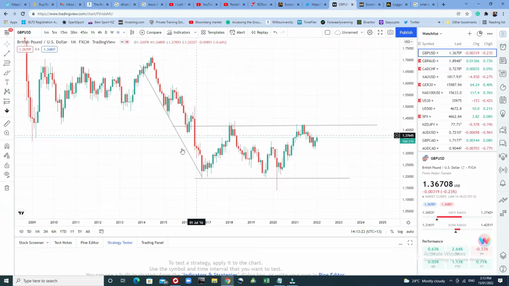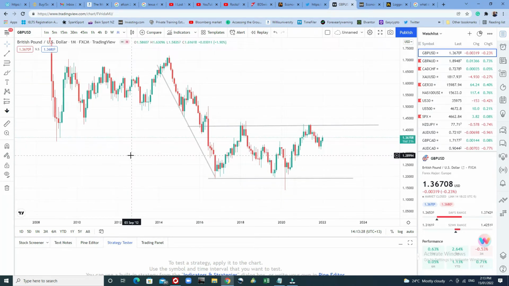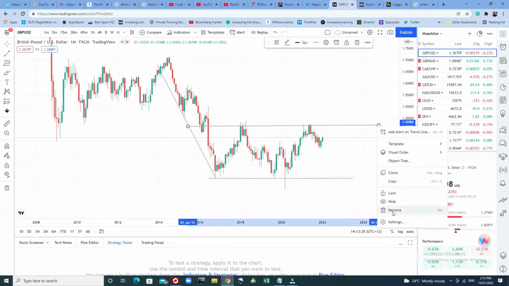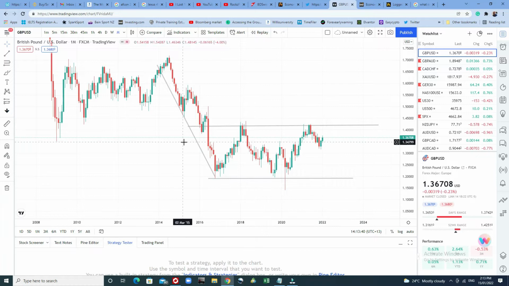Now we're going to analyze GBP through the top-down analysis, and in doing so we're going to explain more of what we mean by trend line. Using top-down analysis to explain trend lines will make us appreciate more what a trend line is all about.